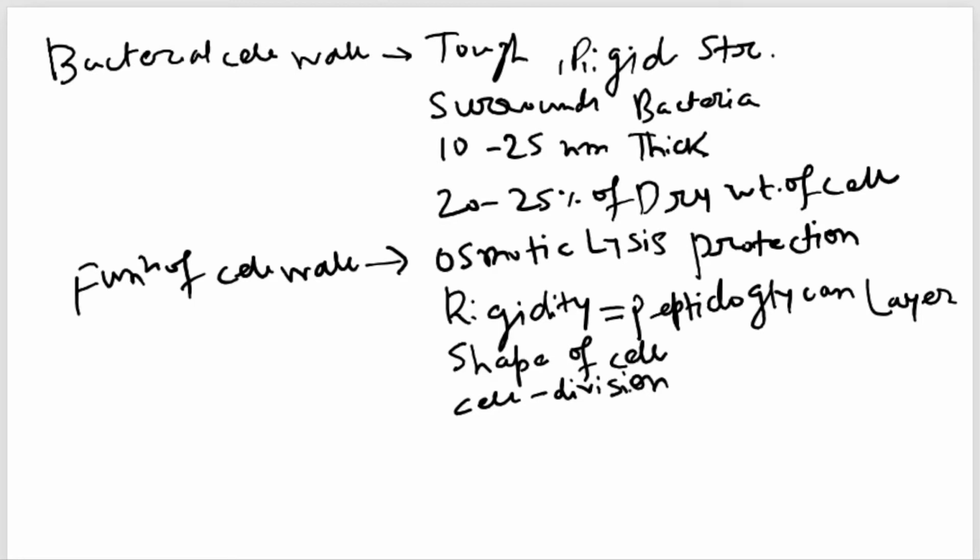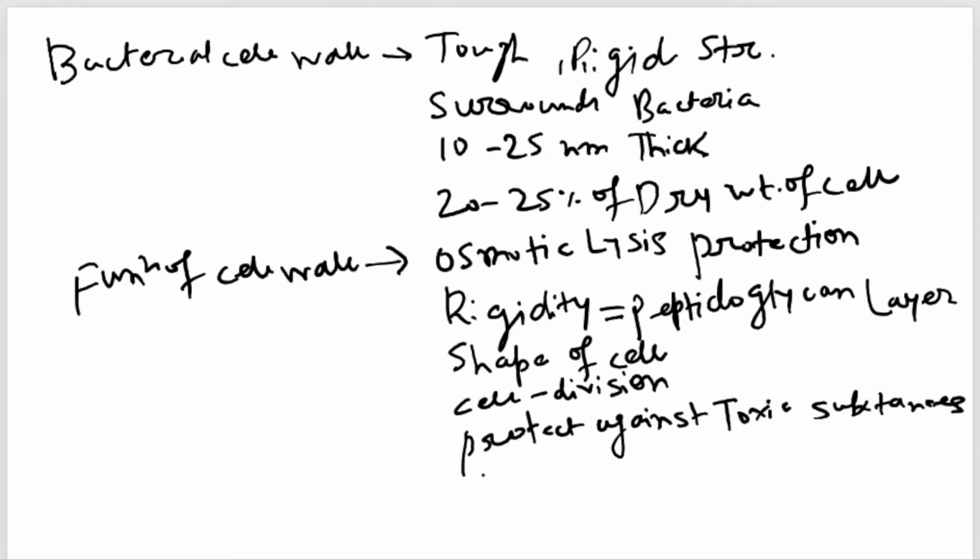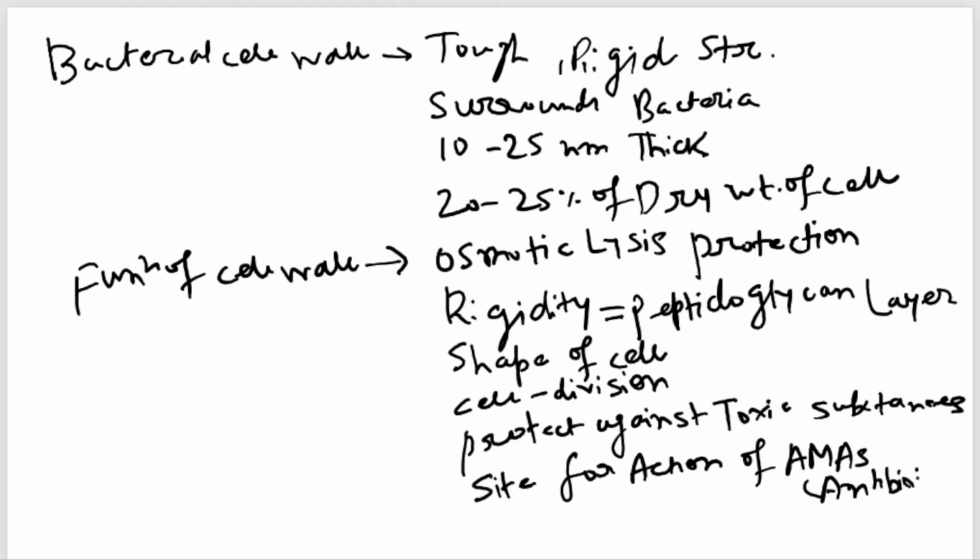Another important role of the bacterial cell wall is to protect against toxic substances. Any toxic substance, the bacteria is protected by virtue of the cell wall. The bacterial cell wall is a site for action of antimicrobial agents, or what we normally call antibiotics.